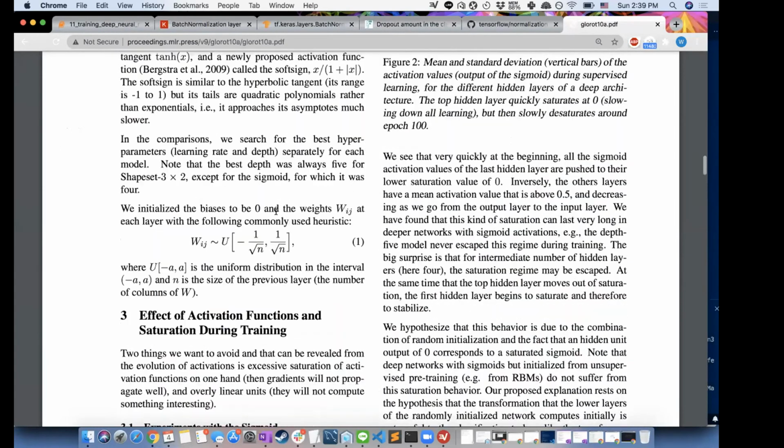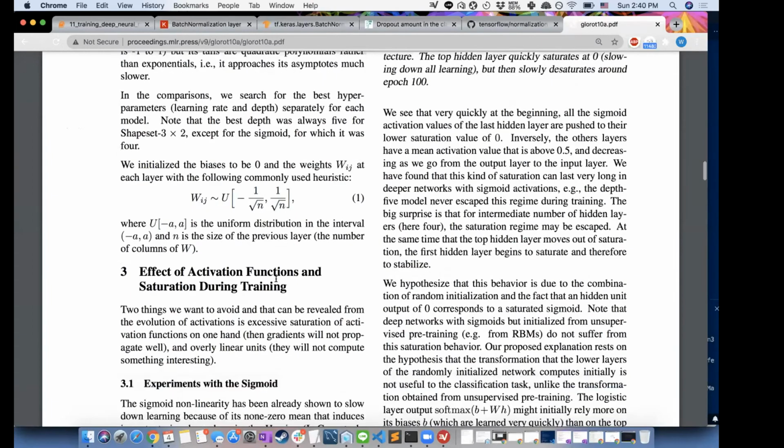And they compare this. So when we talk about initialization methodologies, in this paper, it was comparing this initialization methodology, which was a standard way of initializing your weights.